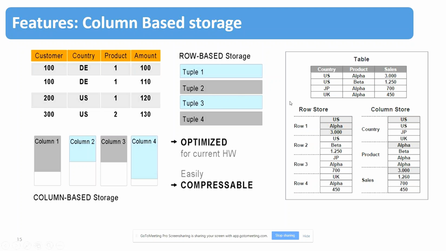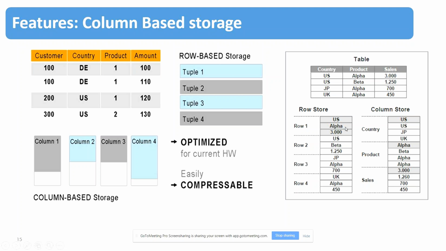For example, if my table is stored in row-based storage and I want to get one single row from the database, the first row, US, alpha, and 3000, what will happen when I query the database? If my data is stored at the row storage level, the control first goes to memory address 1001 and picks that.